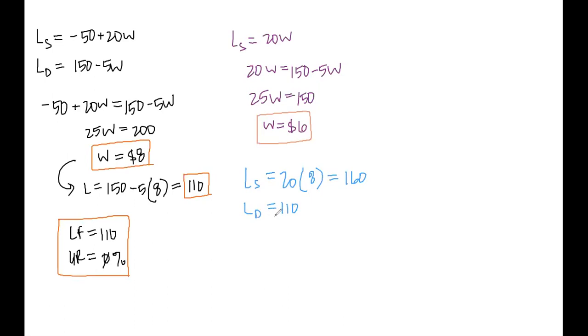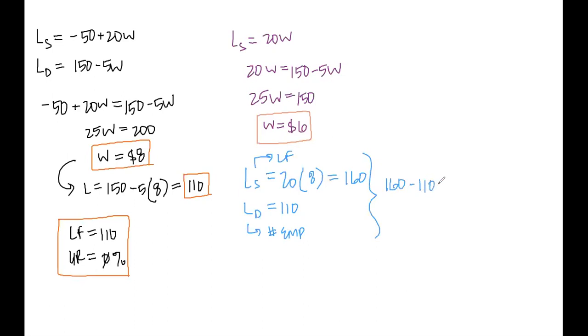So as I said before, labor demand, think of it as the number of employed people because it's the amount of people firms are demanding. So knowing that we have the number of employed people and we have the number in the labor force, which is labor supply, we can then use these two to calculate the number of unemployed people.